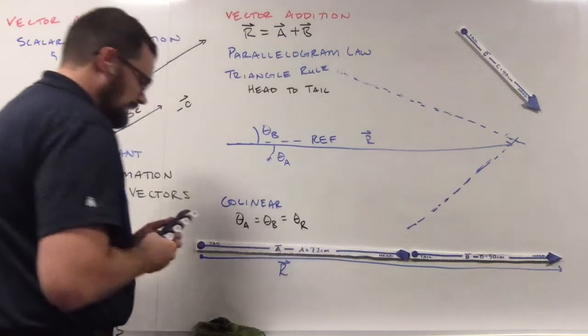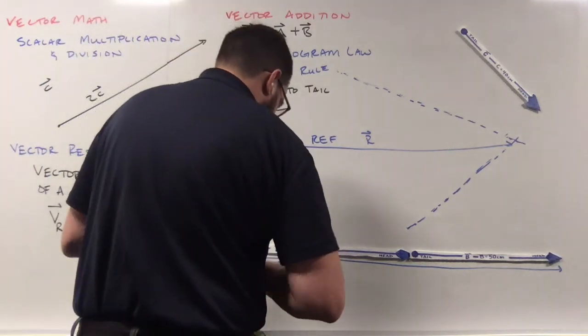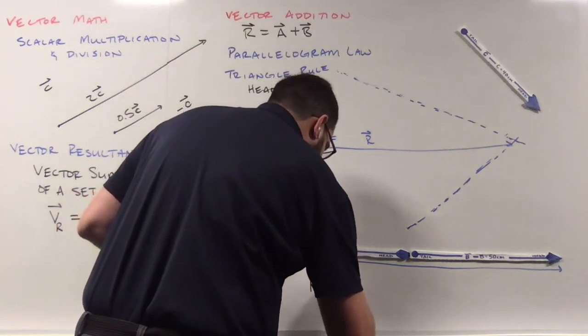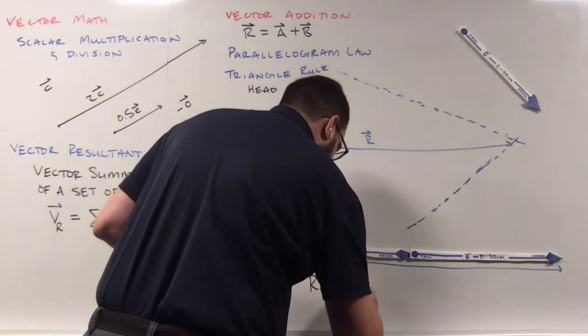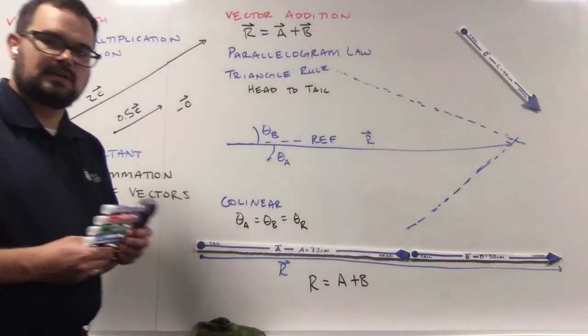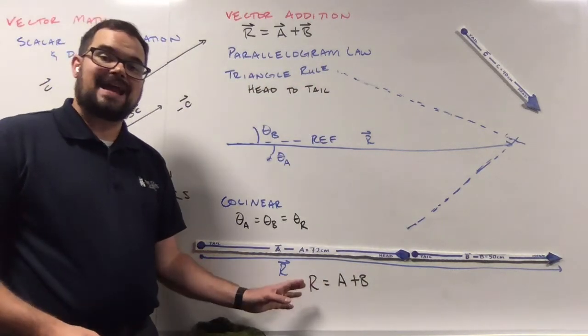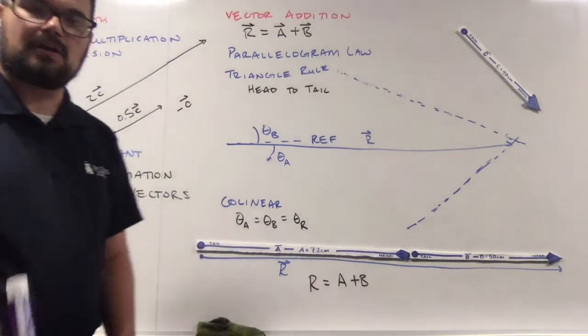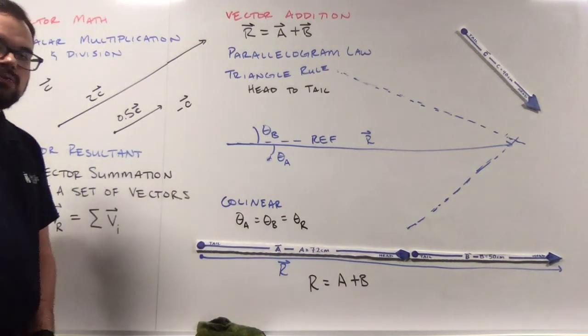And that would give us our resultant force, theta R. And the magnitude of that resultant is simply going to be the sum of the magnitudes of the two collinear vectors. So again, now there's no vector hat, so we're just going to add A to B to get our collinear addition.